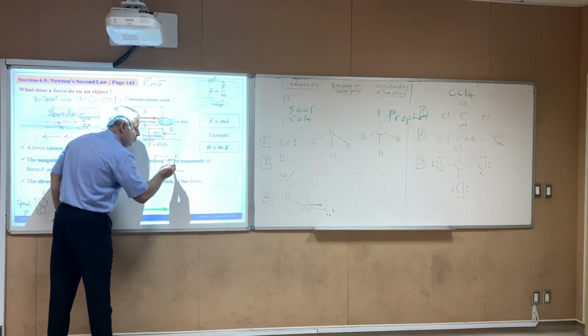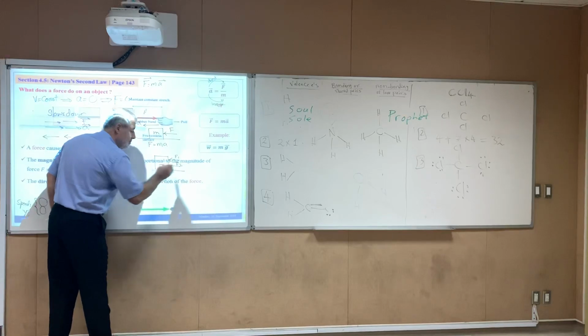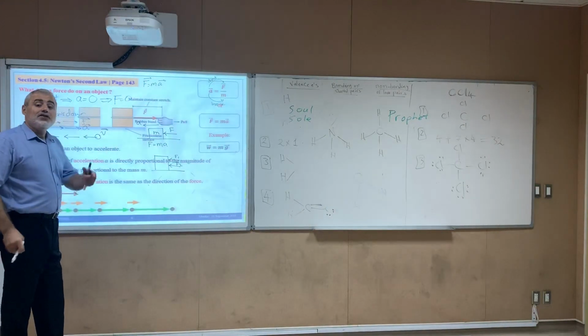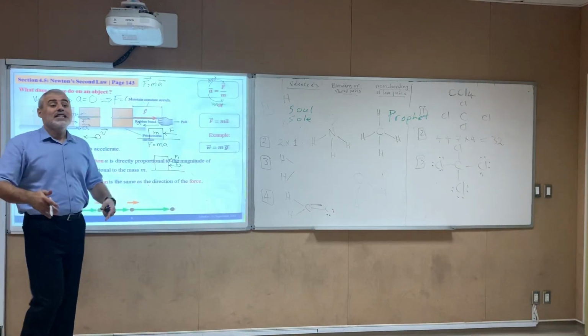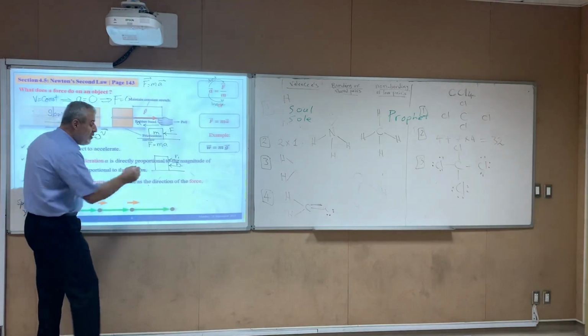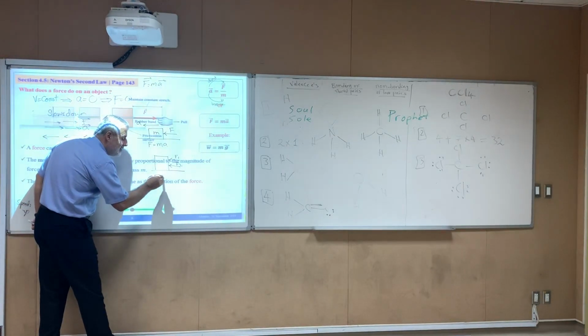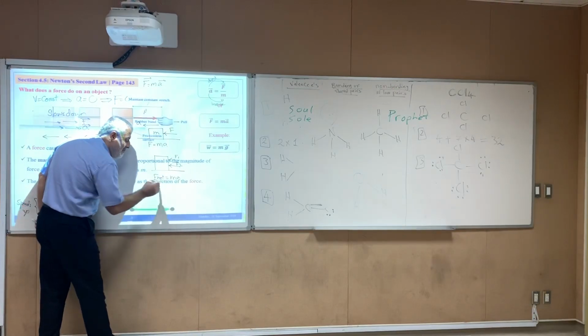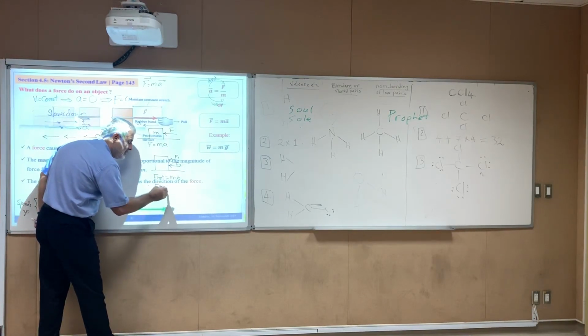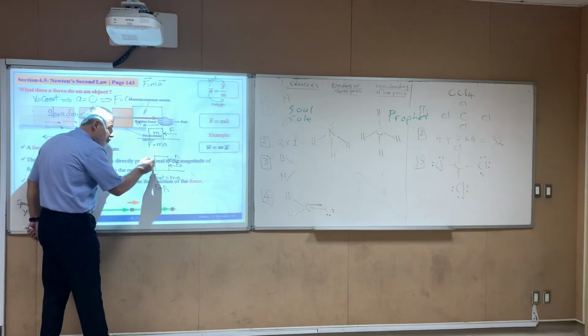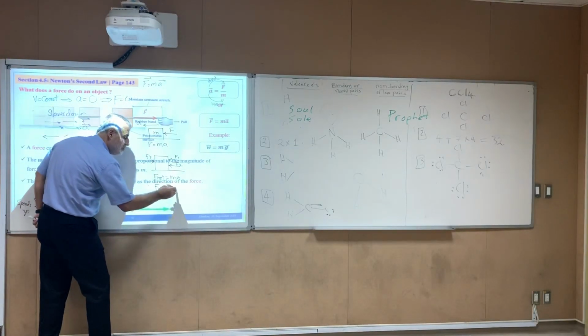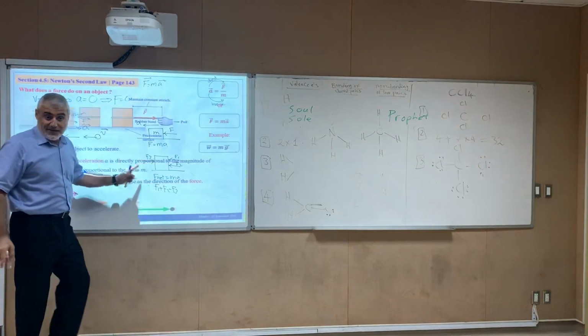We have F1 and F2 in the same direction. Now we need the net force, so we say F net is equal to ma. F net is what? F1 plus F2. If there's one more force in the opposite direction, it should be minus F3.